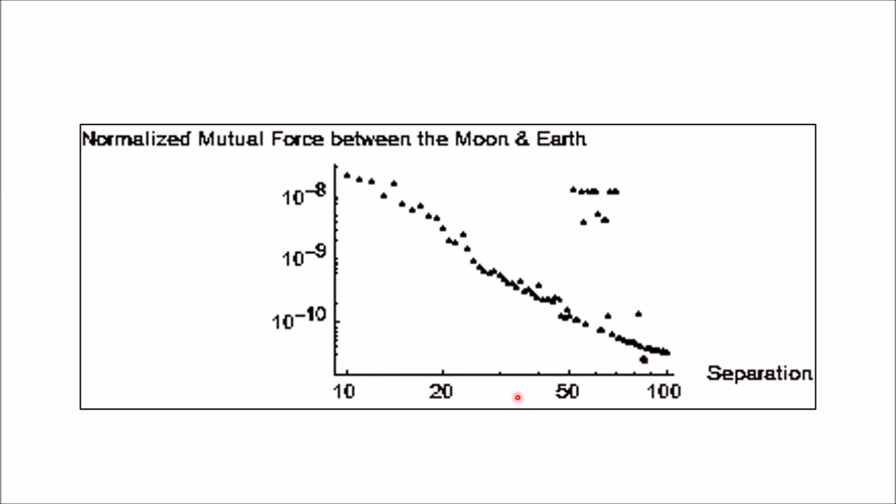So the actual separation of the Moon from the Earth now is, let's see, 60, 70, 80, 90, 60. So it's right in here between 55 and 63. This is the actual distance now of the Moon from the Earth.